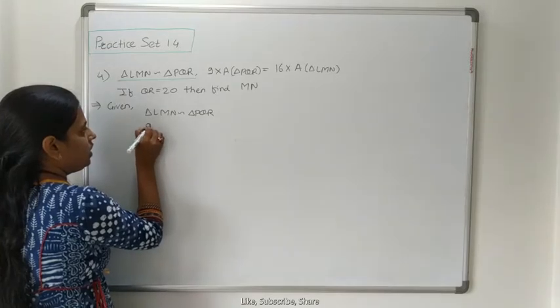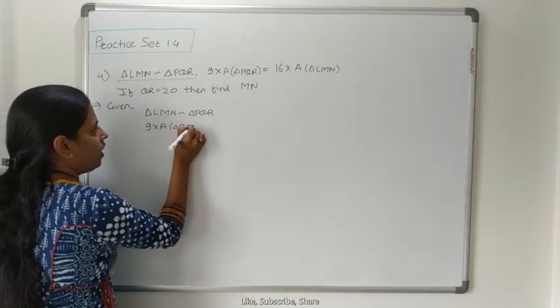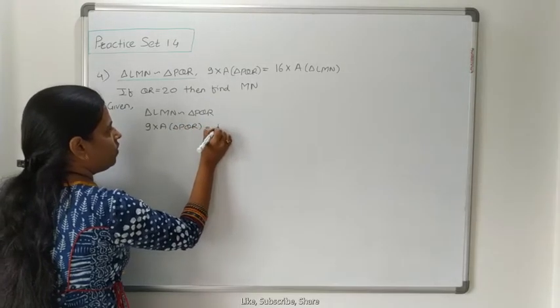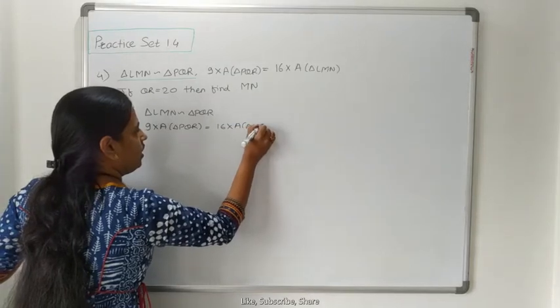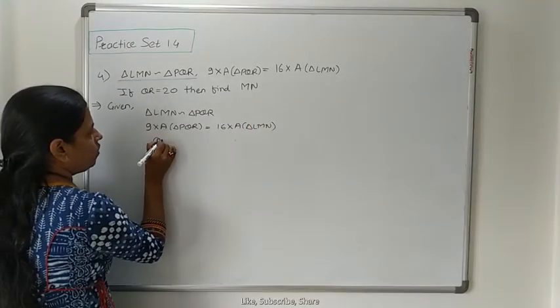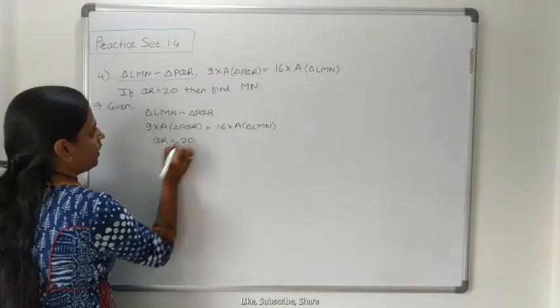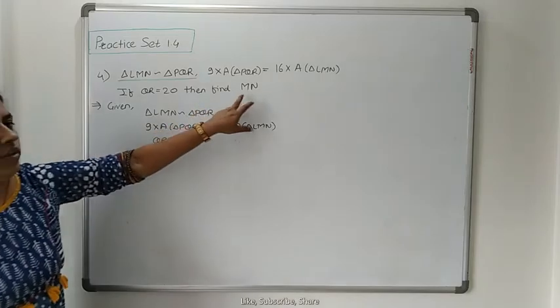And the next thing is 9 into area of triangle PQR is equal to 16 into area of triangle LMN. And one more thing is given, that is QR is equal to 20. So these three statements are given in your question. Now we have to find MN.